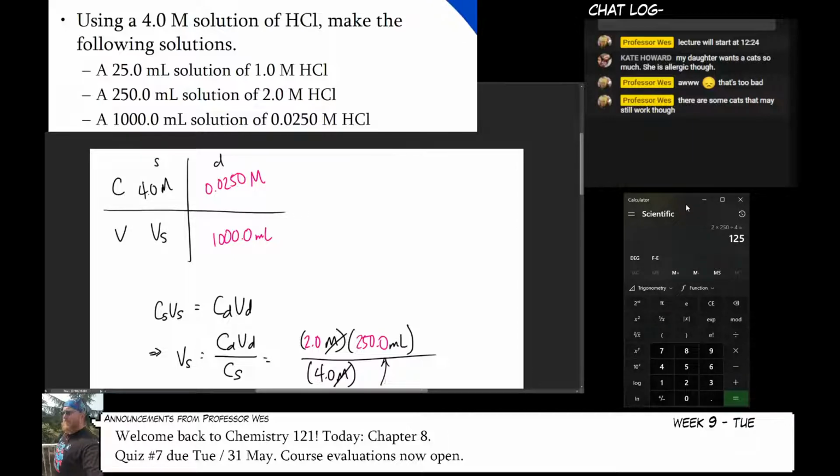When you do this calculation, 0.0250 times 1,000 divided by 4, you actually get the same answer that you got for the first one. And you do the exact same process. VS is your 6.25. That's the amount of stock solution that you're going to add to the flask. The flask is 1,000 milliliters this time. Fill that with water. Mix for a minute. Enjoy. So, same idea.